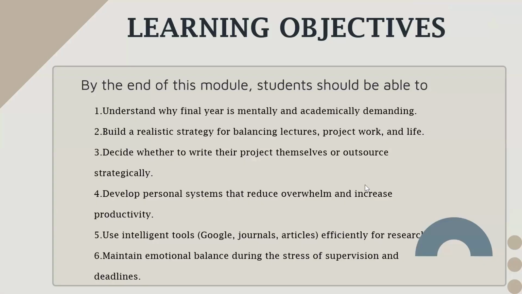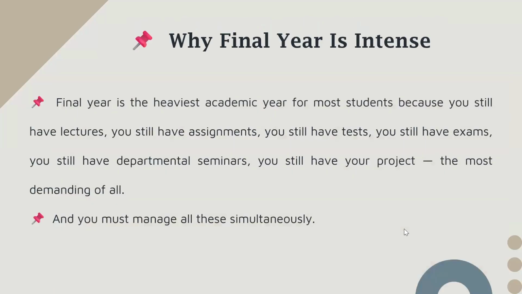Use intelligent tools like Google, journals, articles. These days, of course, artificial intelligence is also there, to work efficiently on your research, and maintain emotional balance during the stress of supervision and deadlines.